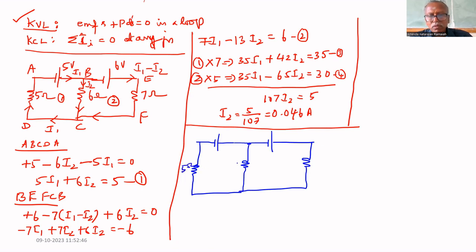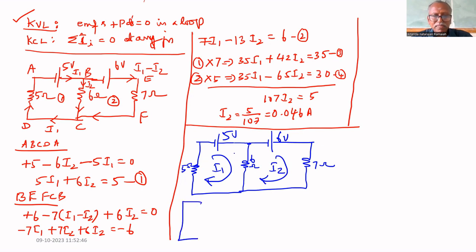5 ohm, 6 ohm, 7 ohm, 6 volt, 5 volt. This current is I1, this is I2. Therefore, R11 is the sum of elements in the first loop, that is 6 plus 5 equal to 11.